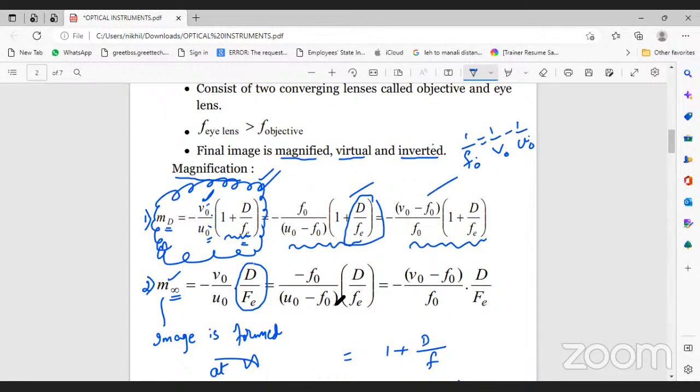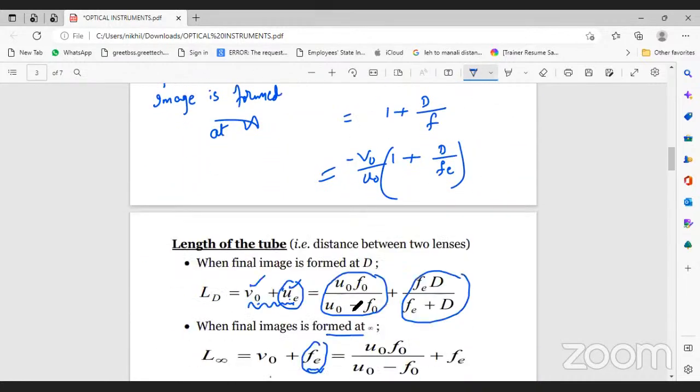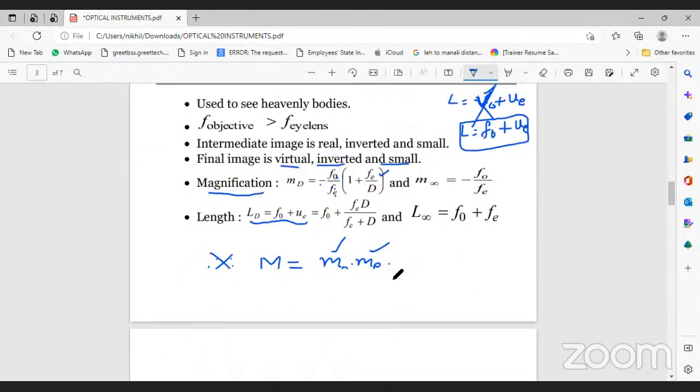Look at this. In a compound microscope, what is the length of the tube? U naught F naught divided by U naught minus F naught plus Fe D divided by Fe plus D. Yeah, this is the length of the tube, so that formula we are using here.